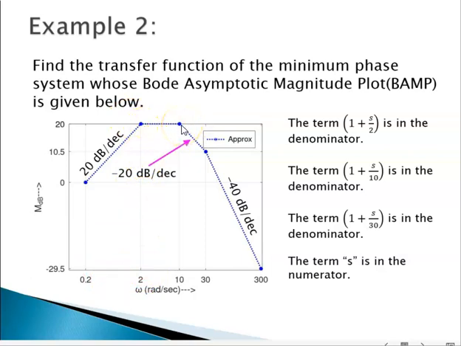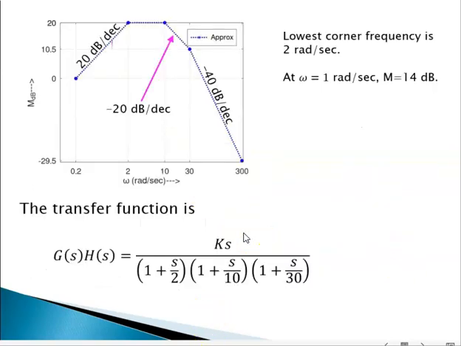Here the slope is again decreased from 0 to minus 20, so 1 plus s by 10 is in the denominator. Here the slope again is decreased at 30, from minus 20 to minus 40, so the term 1 plus s by 30 is in the denominator. So the transfer function is of the form ks by 1 plus so on and so forth.